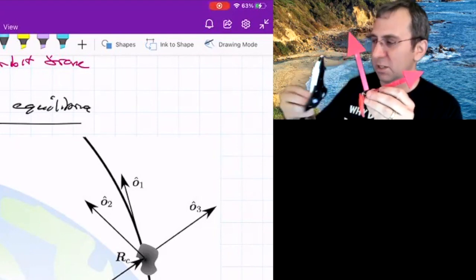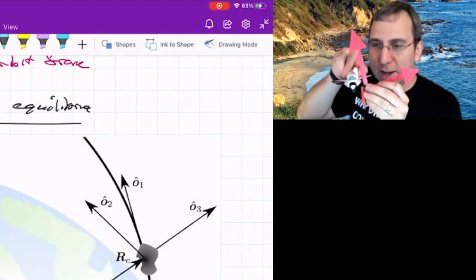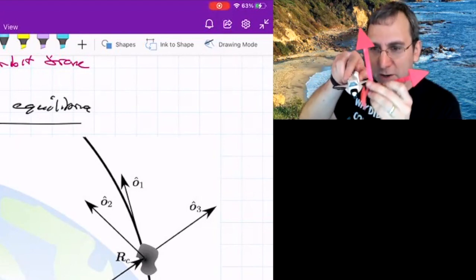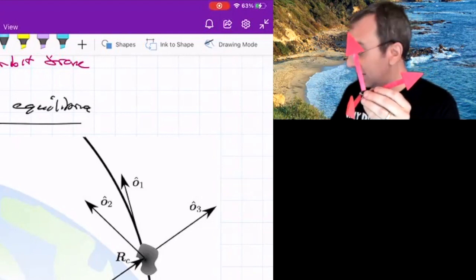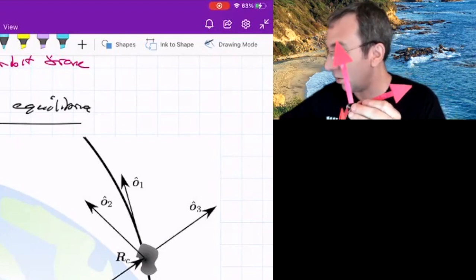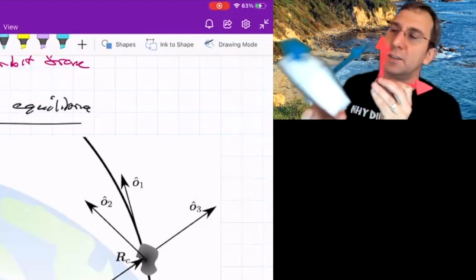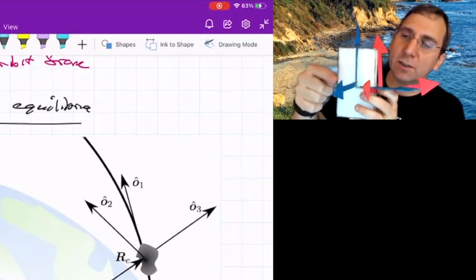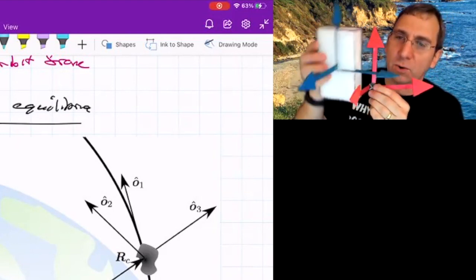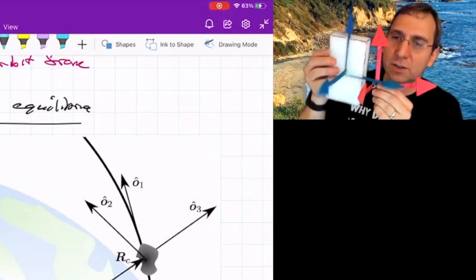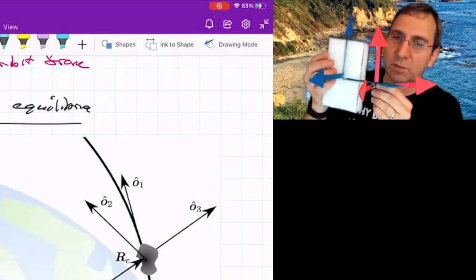So if I've got my space shuttle, you might be thinking, oh no, I have to have O1 in the direction of the nose of the craft. Not necessarily. We're just picking these directions because they're convenient to work with, right? And let's call this 1, 2, and 3. So we've got roll, pitch, and then yaw.